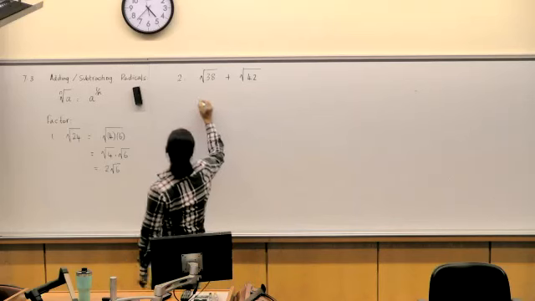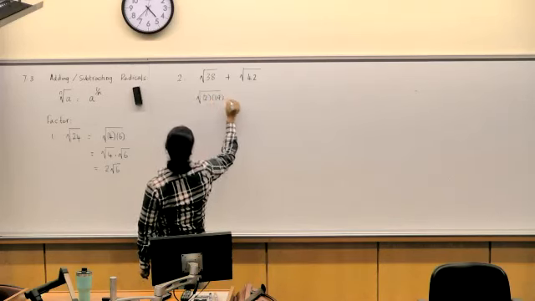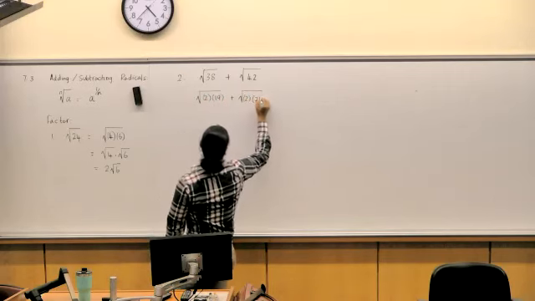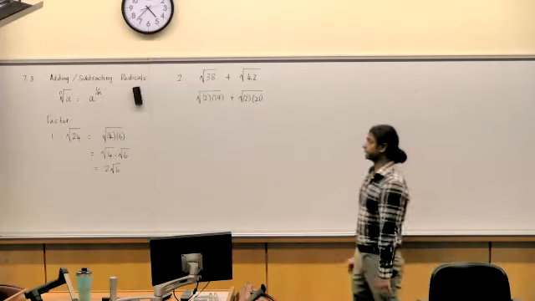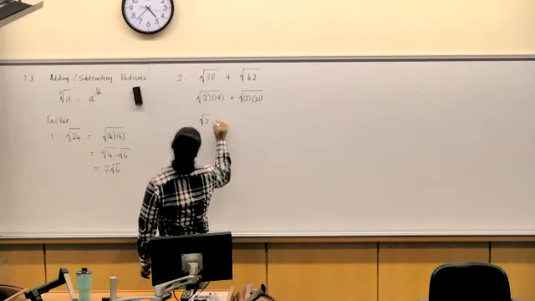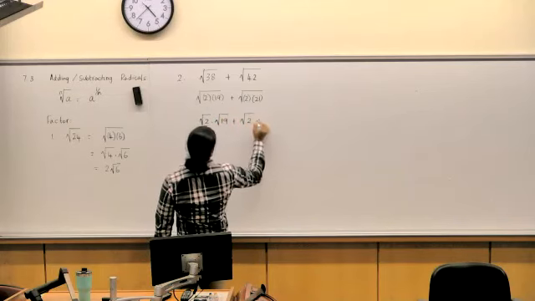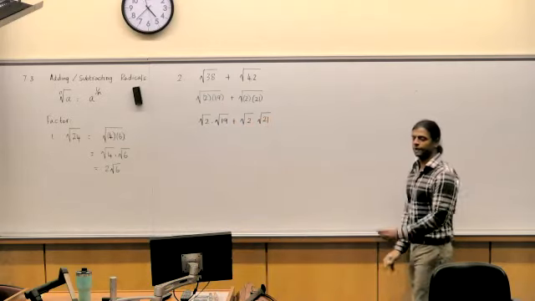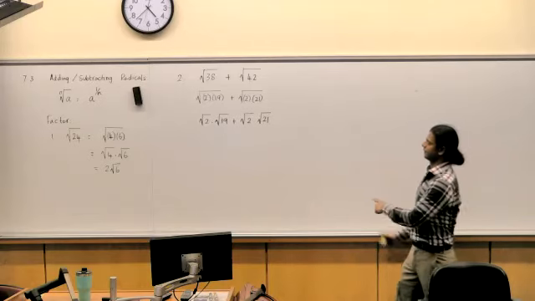So I can split it up and write 38 as 2 times 19, and 42 as 2 times 21. I can then split the roots and write it as square root of 2 times square root of 19.